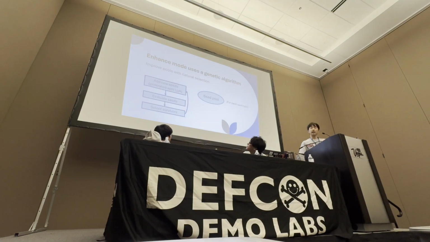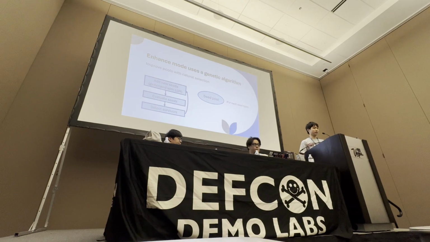Enhanced mode basically follows a genetic algorithm. How many of you today are familiar with the term genetic algorithm? Oh, pretty good. But you don't really need to know genetic algorithms to understand this. I'm not really going to explain it, but the key is that it improves the seed pools with natural selection. I mean, simulated, artificial natural selection. Artificial natural, that's a contradiction.